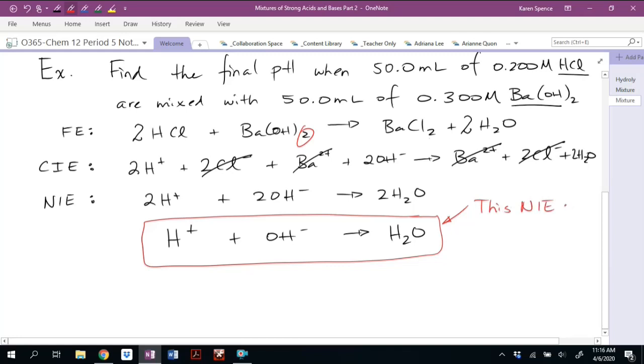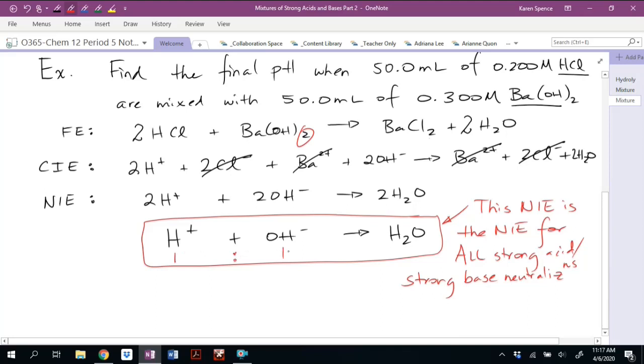This net ionic equation is the net ionic equation for all strong acid, strong base neutralizations. And that's going to make our life really simple because it gives us a 1-to-1 ratio for how the hydrogen and hydroxide react with one another.